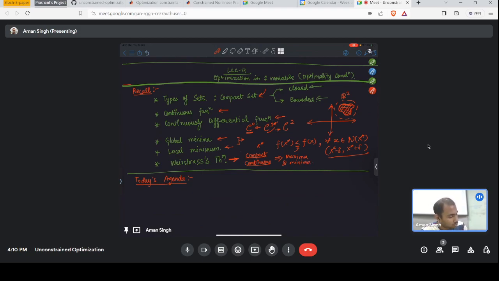Any function whose domain is a compact set and which is continuous in that set will have a maxima and minima in that set. That's what the Weierstrass theorem said. It's actually very intuitively clear. This is where we ended the last lecture.